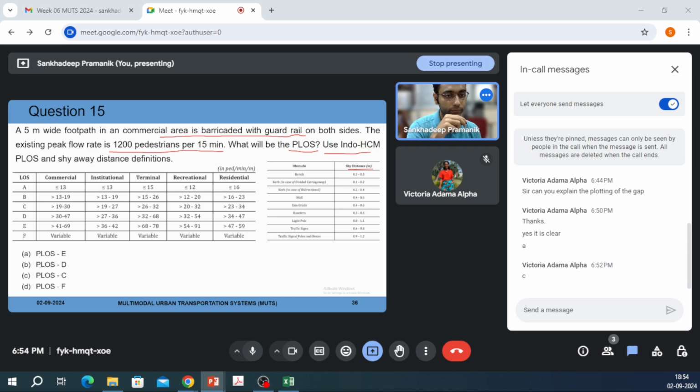So guardrail, this one, so the shy distance value can be taken from 0.4 to 0.6, so we can take a middle value of 0.5 of shy distance.